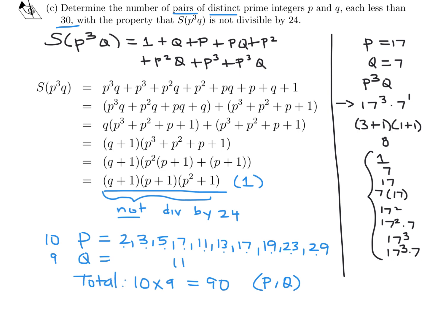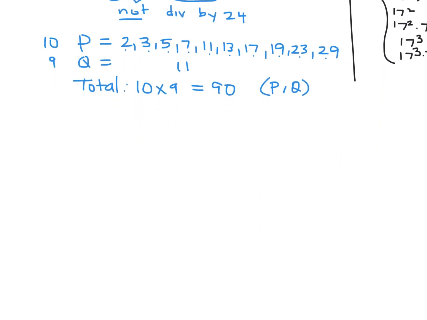Then we have to figure out how many of those 90 are actually not divisible by 24. Okay, so what I'm going to do is figure out how many are divisible by 24, and then I can subtract that from 90 to get how many are not divisible by 24. So let's concentrate first on our equation, which I will write again. It was Q plus 1 times P plus 1 times P squared plus 1.